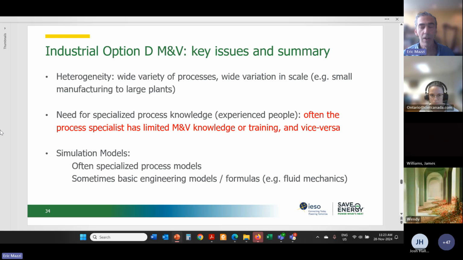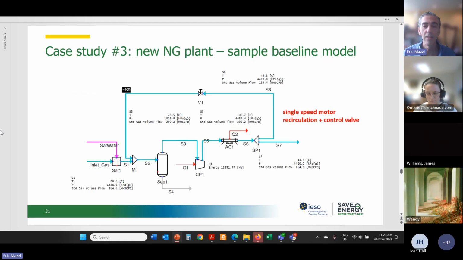I've come across highly credible experts who have tremendous process knowledge, who sometimes come up with the most incorrect baseline assumptions from an M&V perspective. So it really takes both process expertise as well as simulation model expertise. Even some of the modelers who have done this kind of modeling, believe it or not, the person actually running the software really is not the process expert.